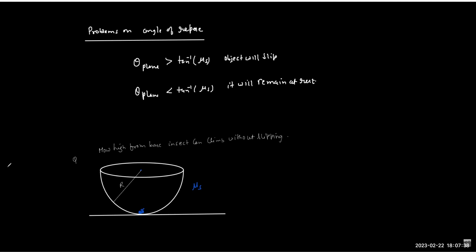Here it's a hemispherical shape, a shape in which the inclination will grow as you go up, isn't it? So when the insect is at a location somewhere here, it is on a part of a plane of certain inclination.